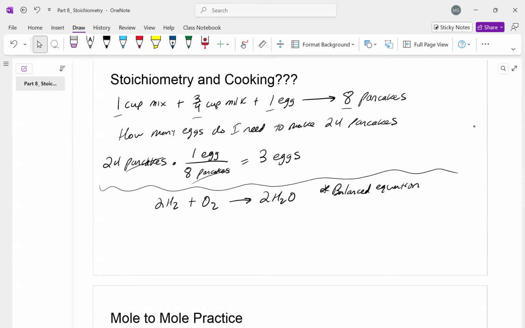So let's say I want to do a chemical reaction where I need 11 moles of water. How many moles of hydrogen and oxygen do I need to use?